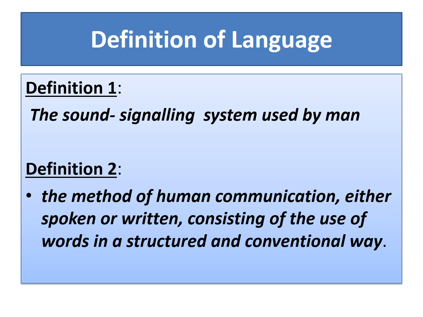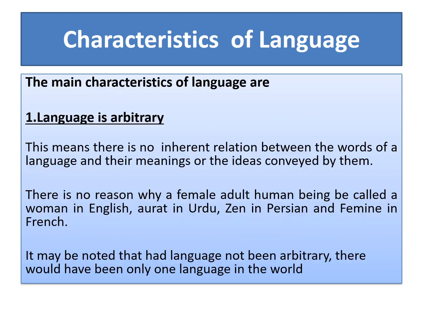Conventional means it is used in a specific way every time. It's not used in different ways every time. So it is traditional, it is established according to a certain system.